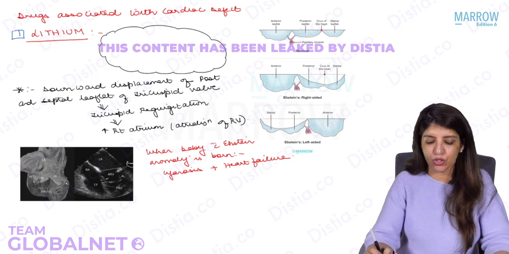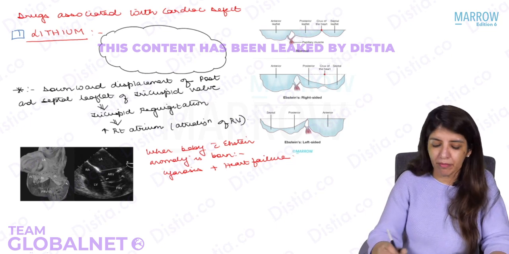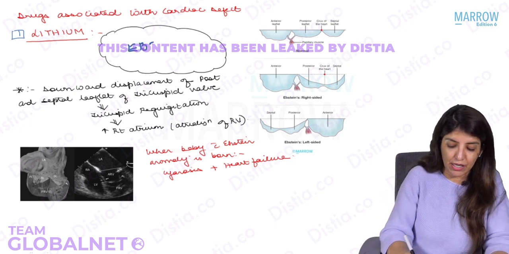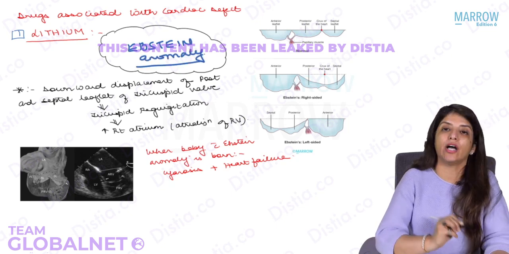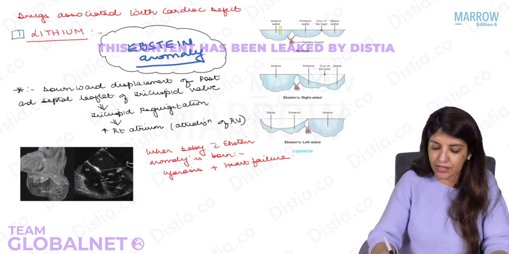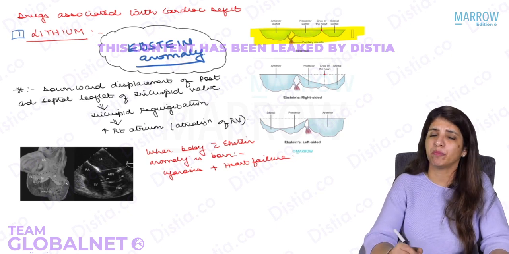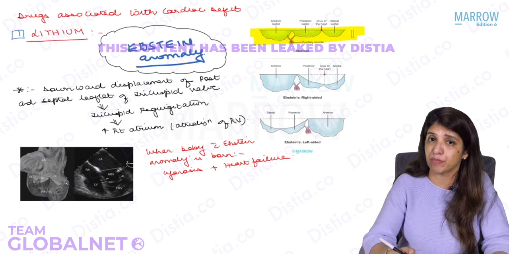The drug associated with cardiac defects is lithium. Lithium leads to Ebstein anomaly. In Ebstein anomaly, see this over here is a normal tricuspid valve. In a tricuspid valve, you have the anterior leaflet, the posterior leaflet, and the septal leaflet.